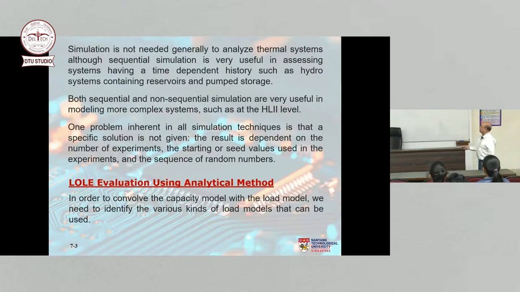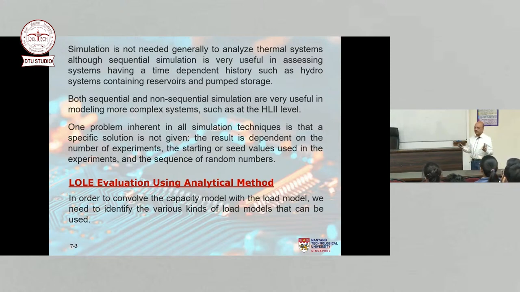But it has also got some problems, because if you observe this paragraph, it says one problem inherent in all simulation techniques is that a specific solution is not arrived at. The solution is dependent on the number of experiments, the number of simulations. Sometimes you have to run the simulation 100,000 times.